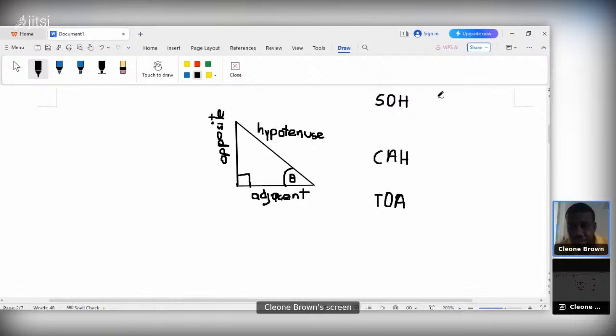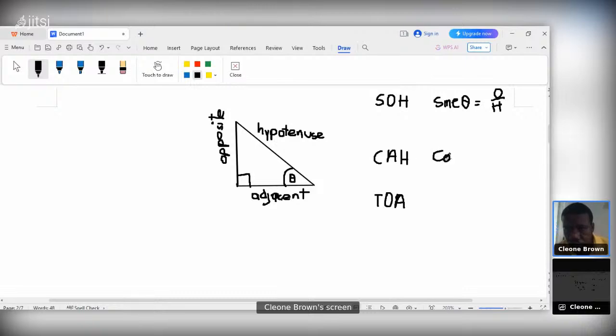For SOH, sine of the angle. So we can write sine theta to represent the angle, is equal to opposite over hypotenuse. We're just going to write the first letter to represent the side that we're referring to. So sine theta is equal to opposite over hypotenuse.